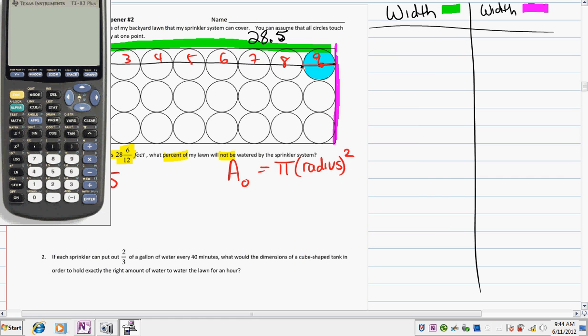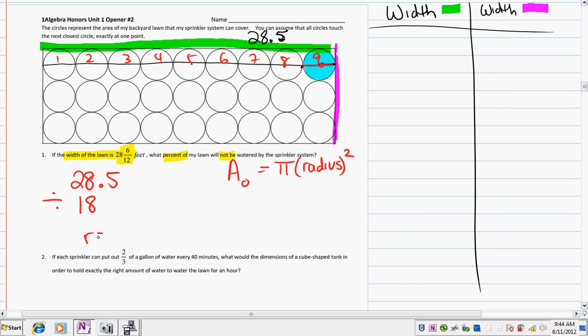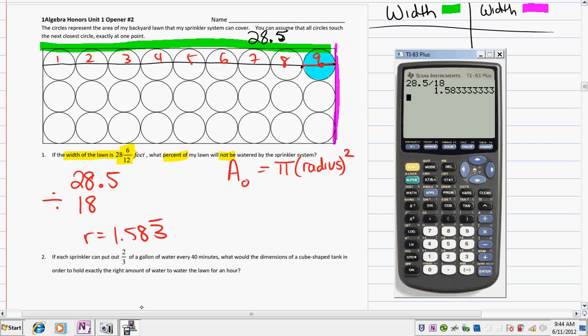So, what I was doing was dividing 28 and a half by 18. Each radius is 1.583, which again I can convert to fraction form. Math, frac, enter, 19/12. So each radius is 19 over 12.